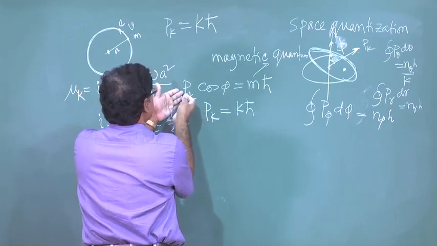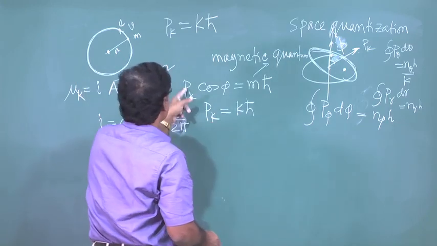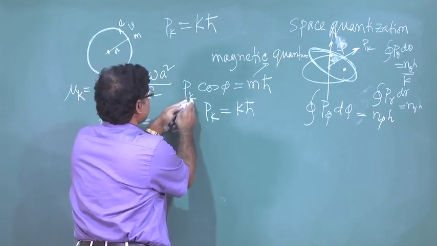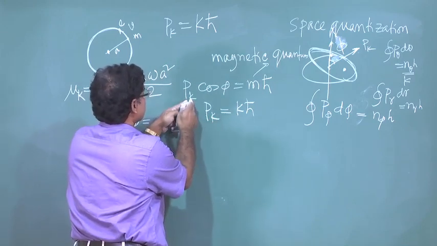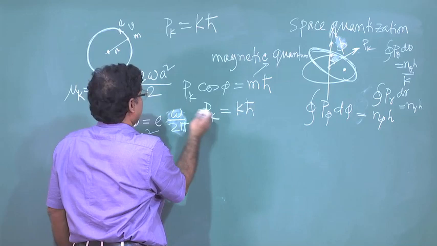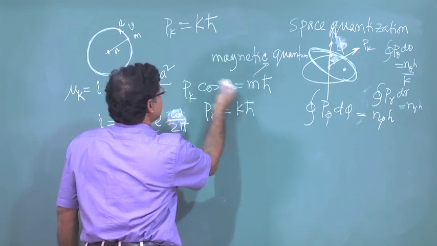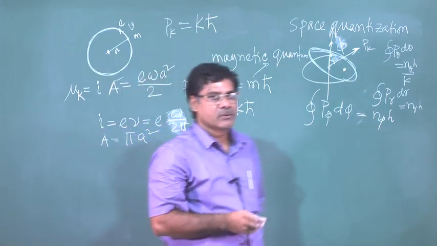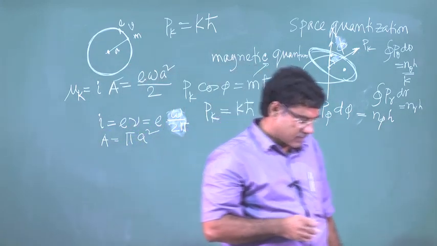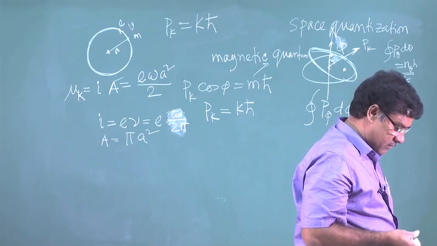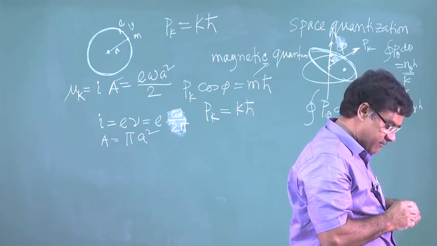From here, if we put pk, it is k h cross cos phi. One can also write k h cross cos phi equal to m h cross. From there we took the ratio m by k, that has to be equal to cos phi.